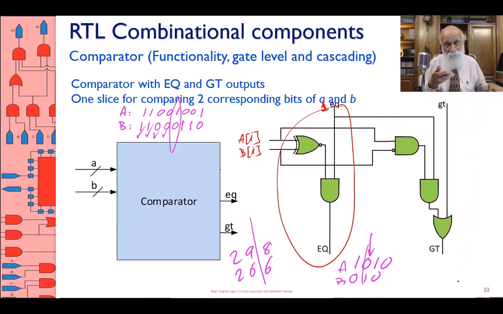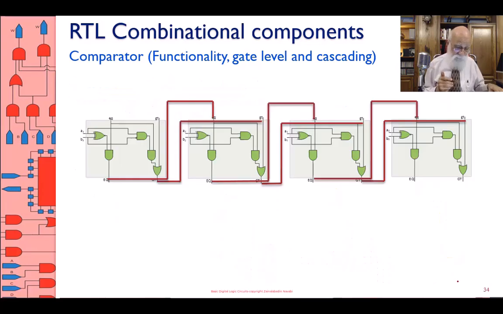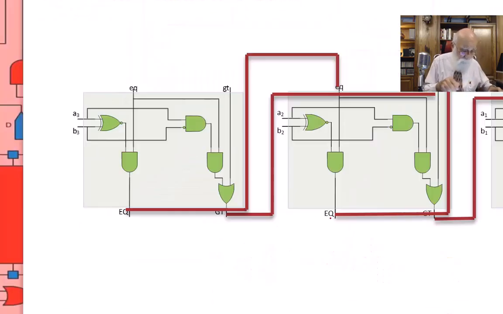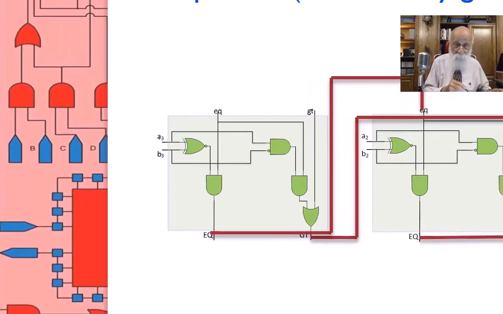Now you want to have a larger comparator, an 8-bit comparator. Just take this slice, this iterative slice, and then wire it from the left to the right. And this is what I have over here. For a 4-bit, the diagram is good enough.